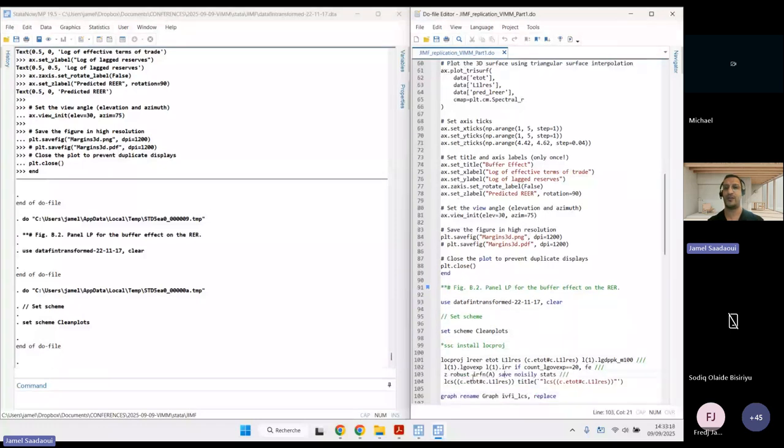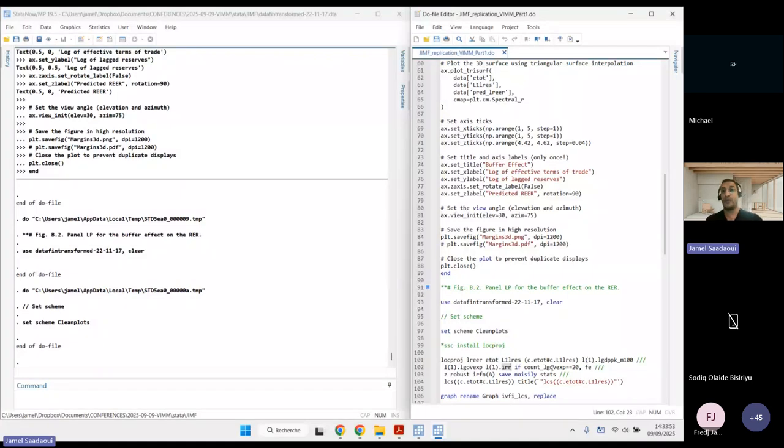First, the syntax is very simple. Logproj, the target variable, the exchange rate, control variables, terms of trade, lag reserves, and the shock will be on the interaction term here. I will use other control variables, which are the lag of real GDP, the share of public expenditure, and the exchange rate regime by Ilzetzki, Reinhart, and Rogoff.